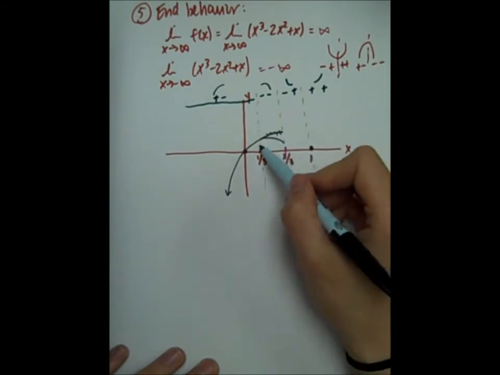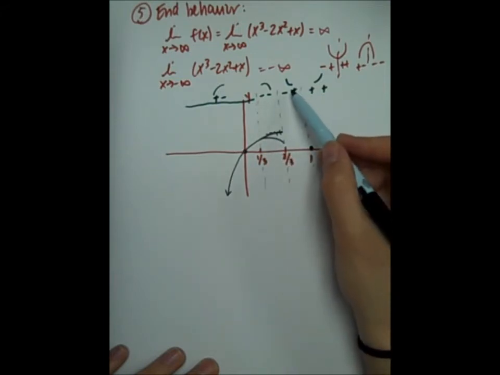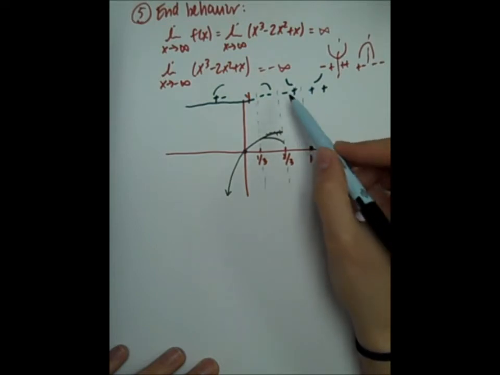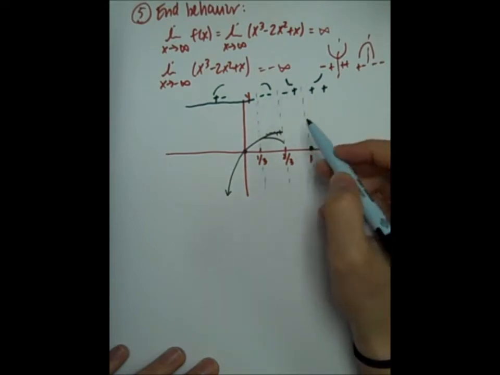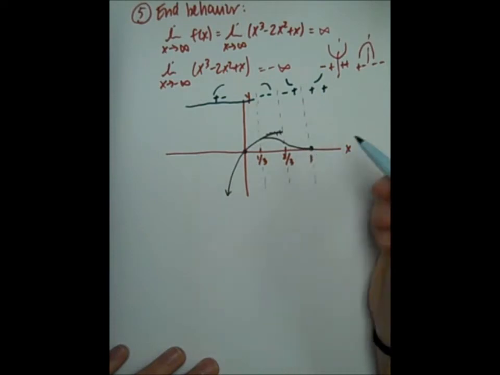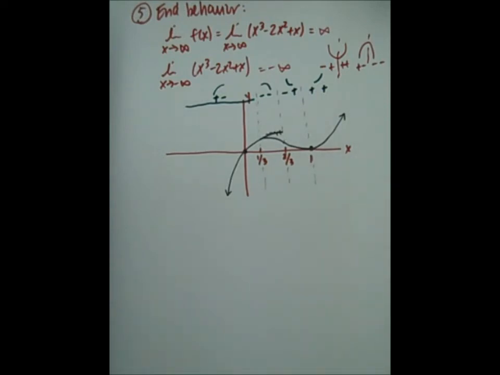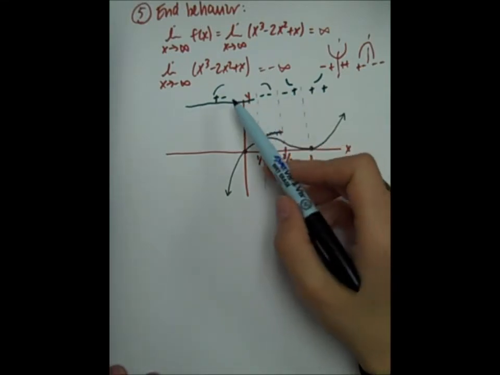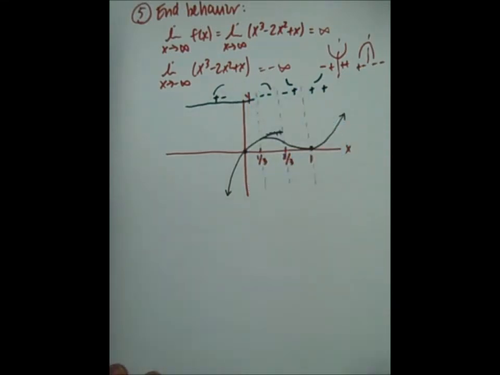So I did that shape between 1/3 and 2/3. Then between 2/3 and 1, I have to have this shape, but I have to go through this point. So there's that. And then lastly, from here on out, I have to have that general shape. So there's my curve sketched. All I did was just kind of put these shapes in between the dotted lines, and that's what we got.